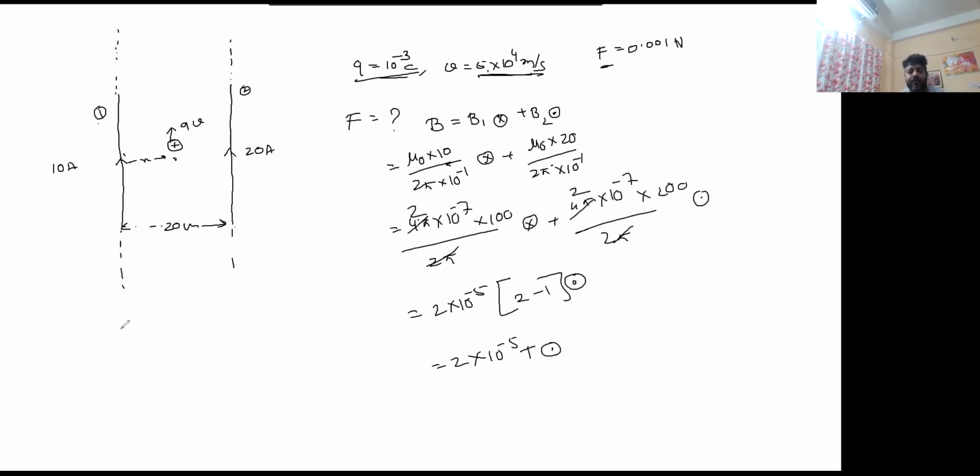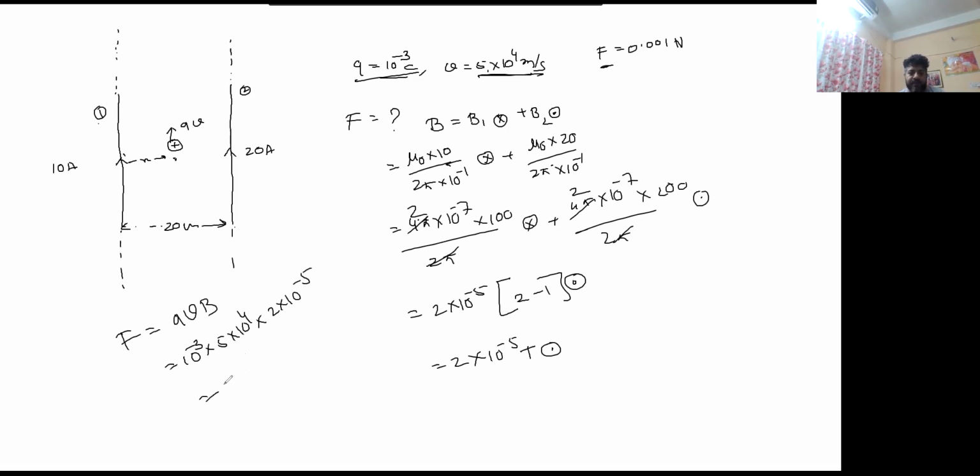So once you get the magnetic field, my force is QVB. So Q is how much? 10 to the power minus 3. V is how much? 5 into 10 to the power 4. And this is 2 into 10 to the power minus 5.